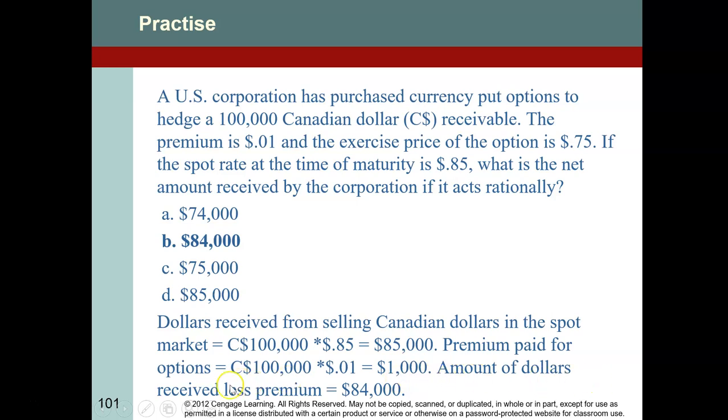So the amount of dollars received would be the selling amount, 85,000, minus the premium paid. So we would have 84,000 as the net amount received. Okay, 84,000.